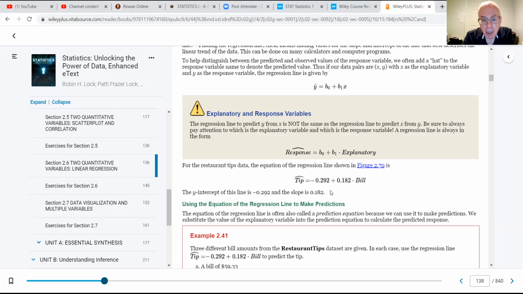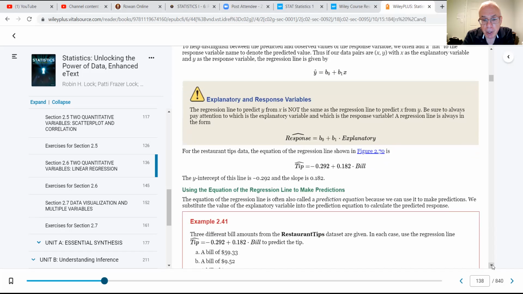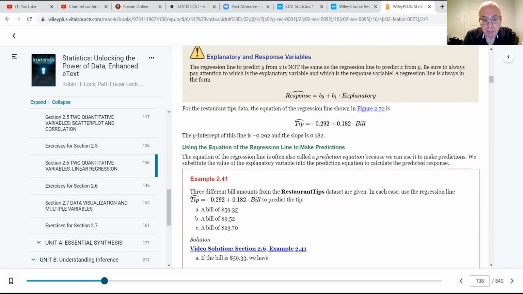And you can make predictions with this. For example, there are 157 data points in the data set, but if we come up with another billed amount, something other than what's in the data set, we want to predict the tip from the billed amount, using that straight line.